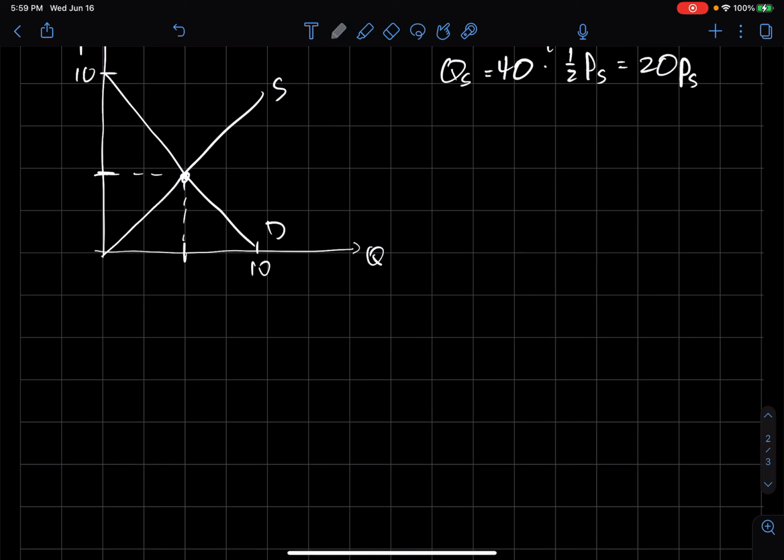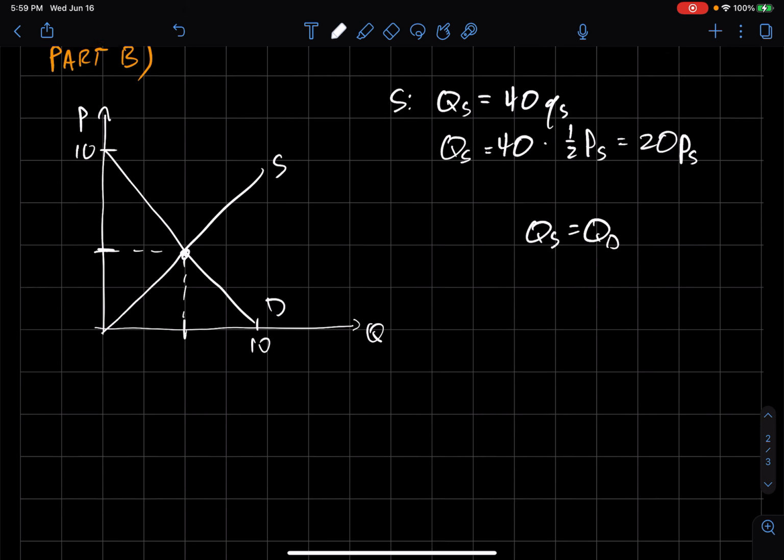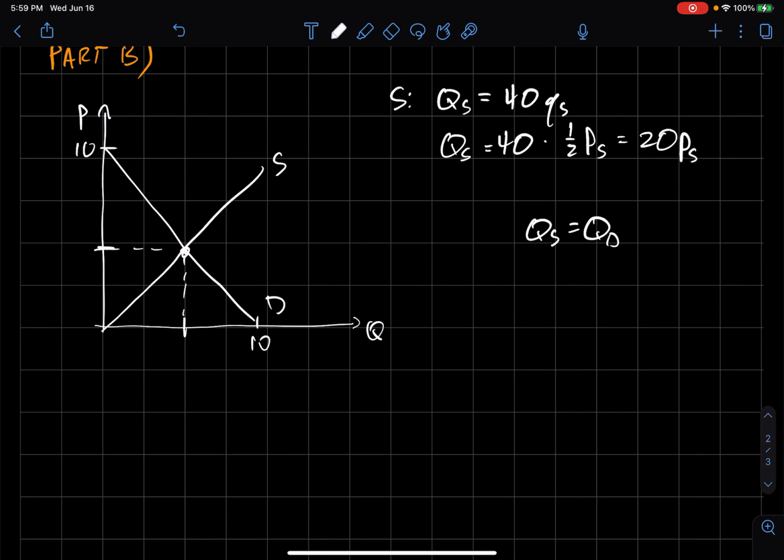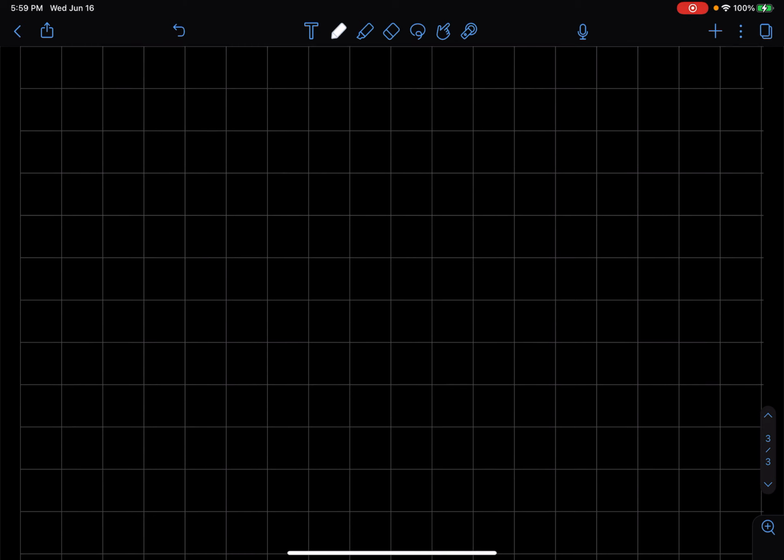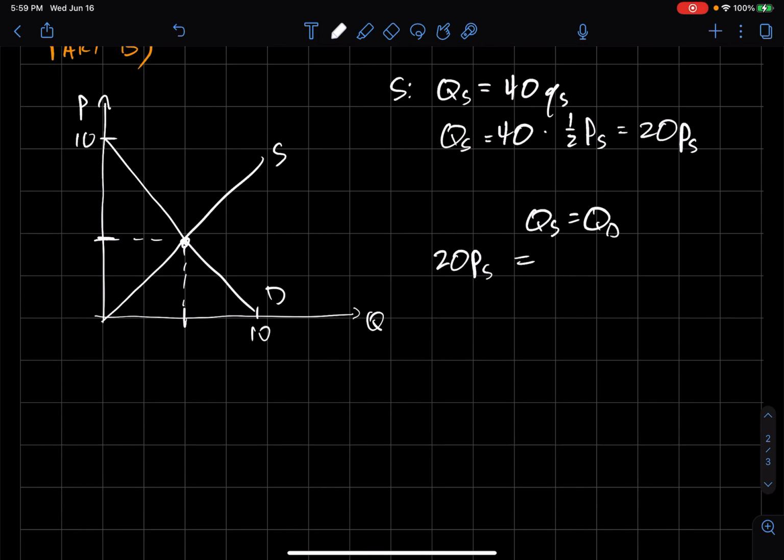And then last but not least, we wanted to solve, and it's going to give us a much nicer number. So we have QS equal QD. QS is just equal to 20 PS, and our QD is equal to 10 minus PB.